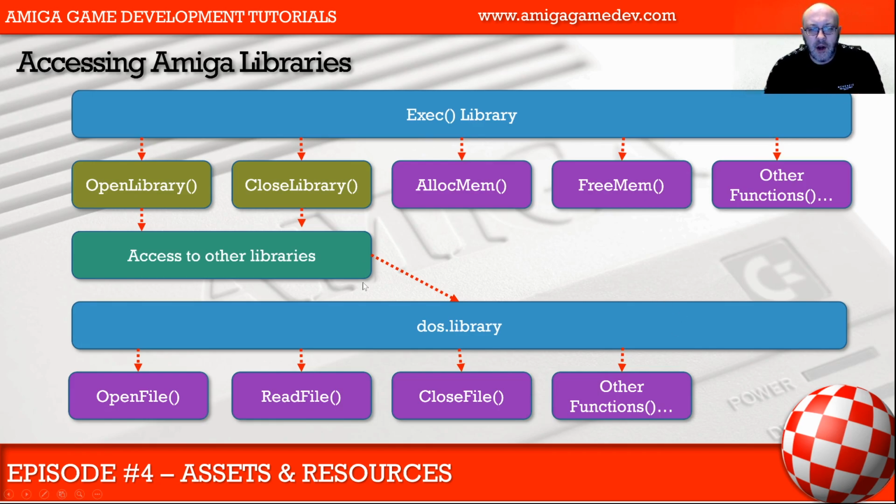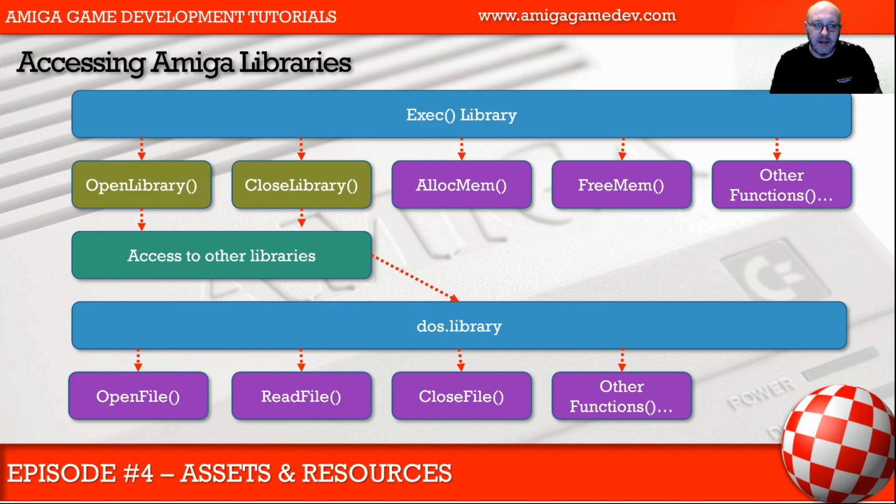Now, if you want to access, say, the DOS library, you need to call the open library and close library functions. When the Amiga boots up, the exec library is available straight away to be used, because if you think about it, this library has to be available so that the Amiga can do certain things like allocate RAM to start loading data from a disk, for example.